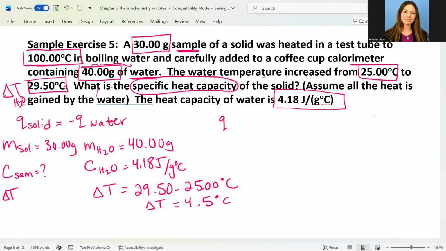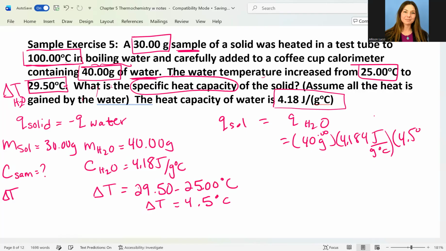So we have Q of solid equals Q of H2O. And over here, I have 40 grams times 4.184. If we go to another sig fig, times 4.5 degrees Celsius.